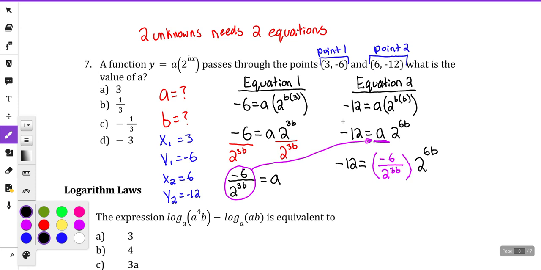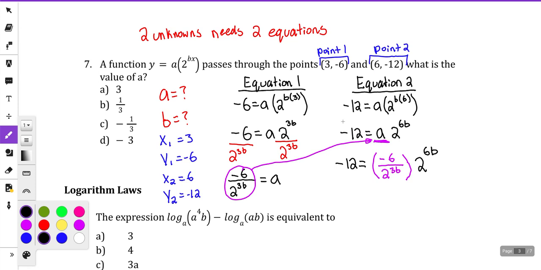Okay, so what I did, created 2 equations. I got one letter by itself. I chose equation 1, and I chose A to get by itself. I did that by dividing this over. Once I know what A equals, I can use that knowledge in my second equation. I know that A is negative 6 over 2 to the power of 3b. So I change A to be negative 6 over 2 to the power of 3b.